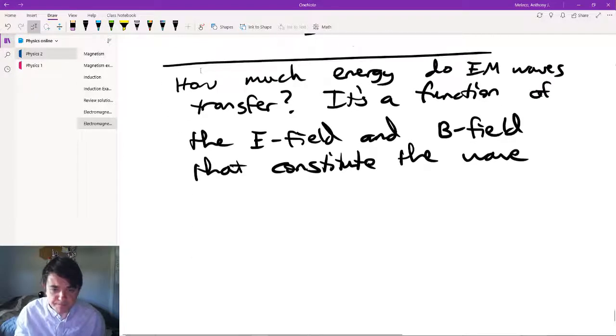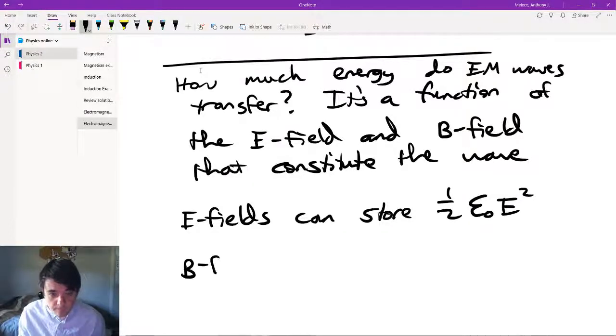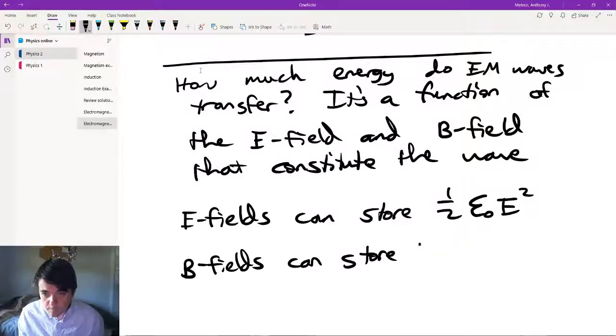That makes sense. So E fields can store 1/2 epsilon E squared energy. B fields can store 1/2 B squared over mu naught, okay?